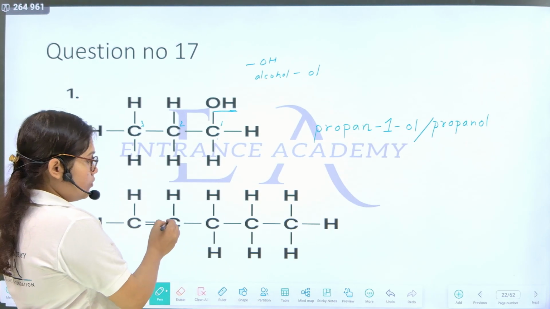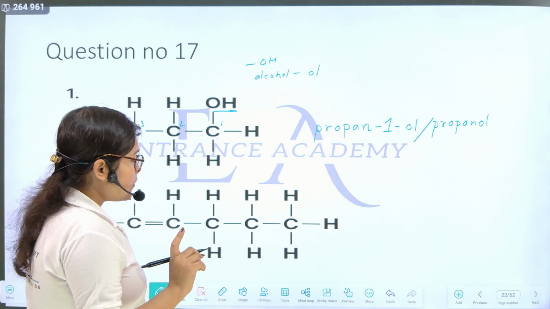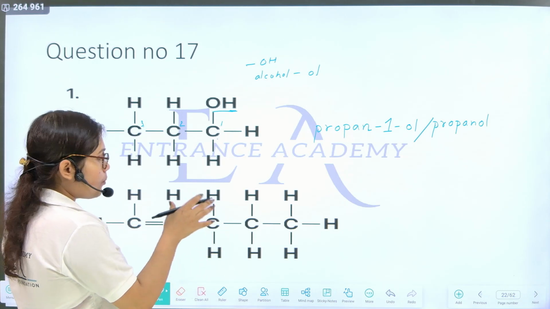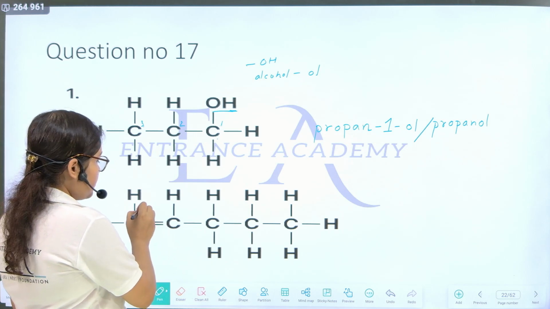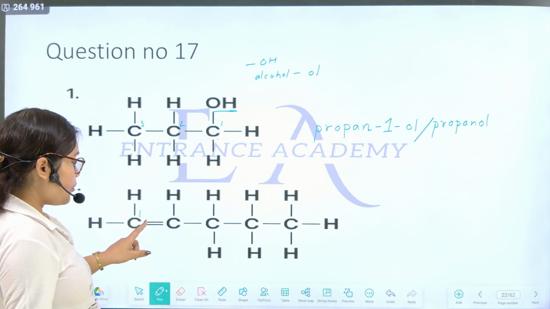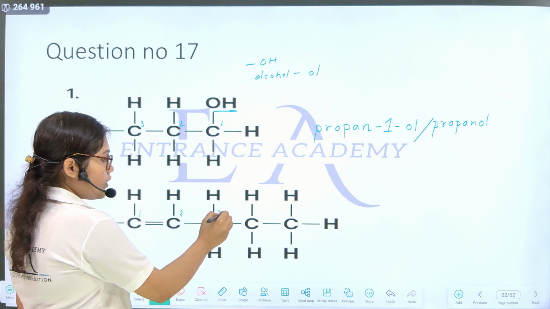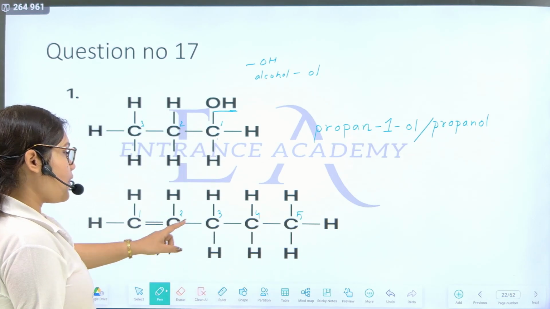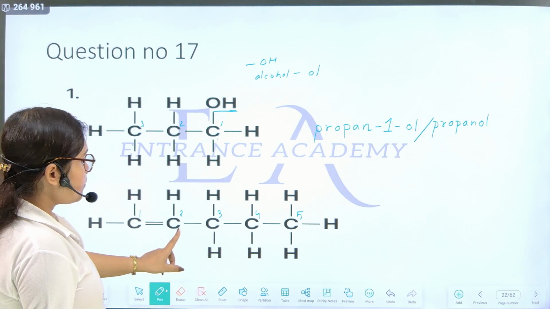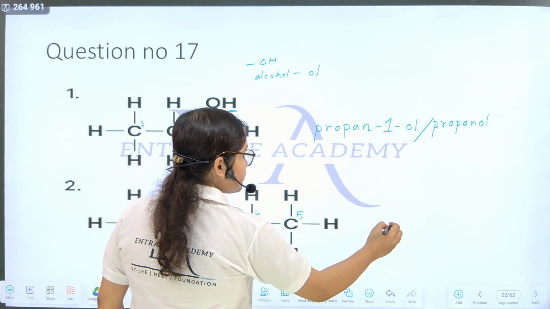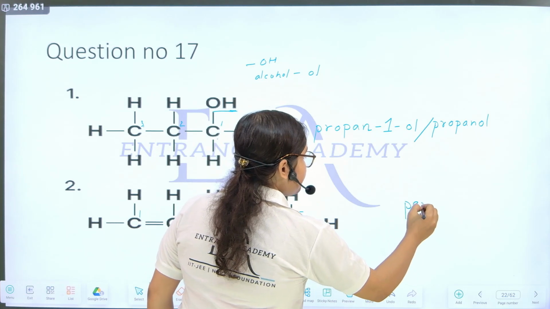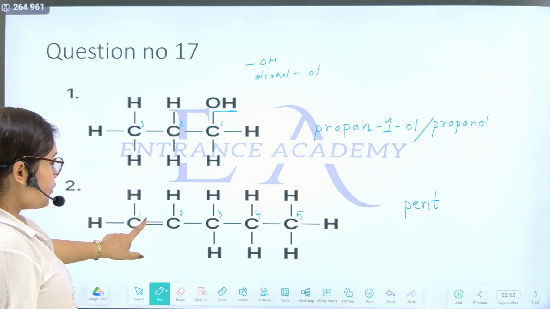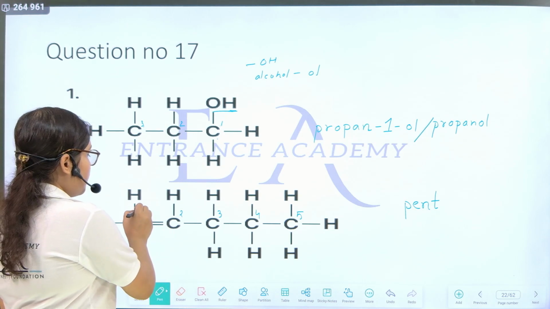Next one. Second, a double bond is present in this structure. So first you have to number those carbon like this. This is 1, just because double bond is there, 2, 3, 4, 5. So number of carbons 5. So the root word is pent. Double bond is present in the first number of carbon.